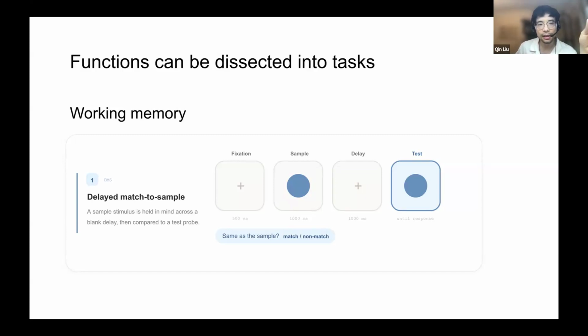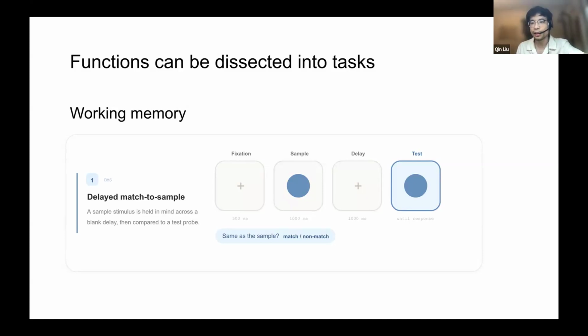First, this slide shows a test called the delayed match-to-sample task. It's a task designed for studying working memory, a type of short-term memory. In this test, the subjects will see a sample image at the very beginning, for example for 1 second, and then the image will disappear, and there will be a delay period, generally 1 second, sometimes 2 seconds or even longer.